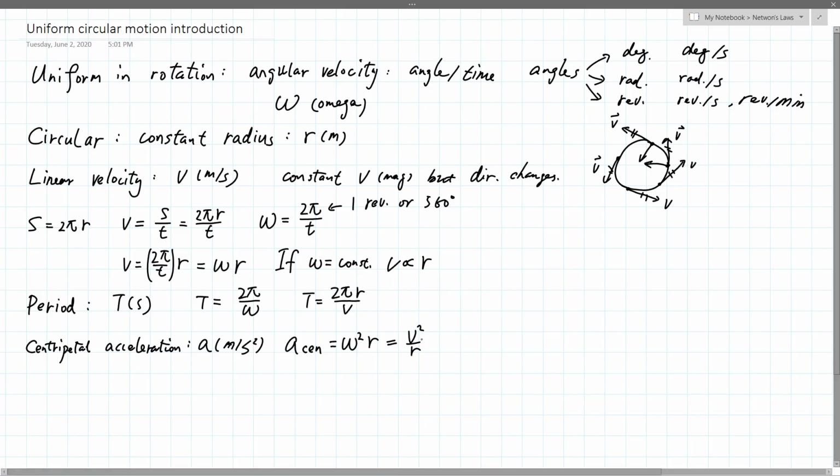For example, if r is a constant, and then if you say omega goes to twice omega, if you double the angular velocity, the twice will actually get squared into 4 times. So the centripetal acceleration will go to 4 times the centripetal acceleration, right?